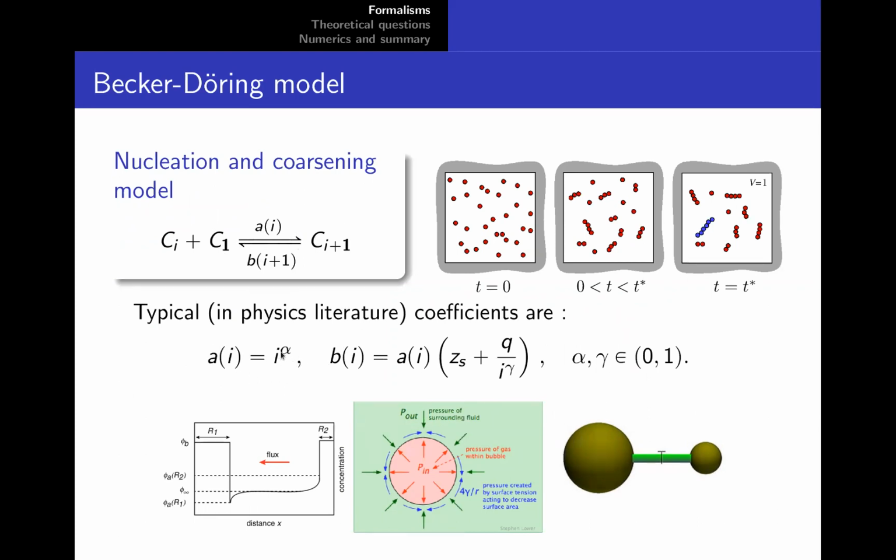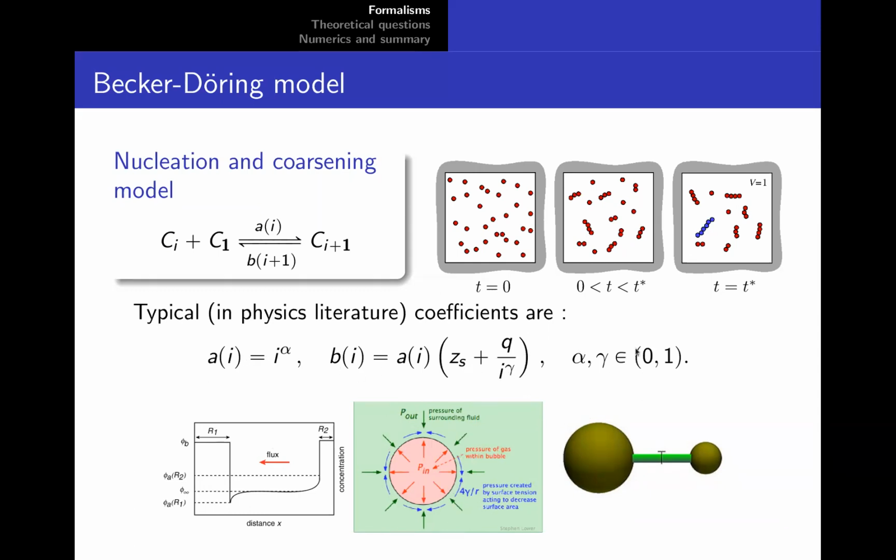The exact way they depend on the size depends on physical laws; in particular, the Laplace law for the pressure is often used. It depends inversely on the radius of each bubble or aggregate, as depicted here. The exact shape of the coefficients will depend on whether you are in a solution which is reaction limited or diffusion limited, on the dimension of your system, and so on and so forth. I won't go into these details.